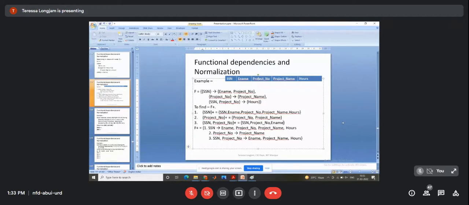Now for the next functional dependency, Y is project number and project number is there in the set, so it is a subset. Now we will include project name because of that. After that, SSN and project number is there, so we will include hours also.